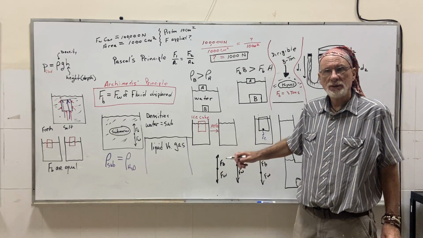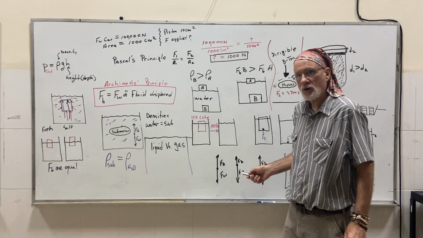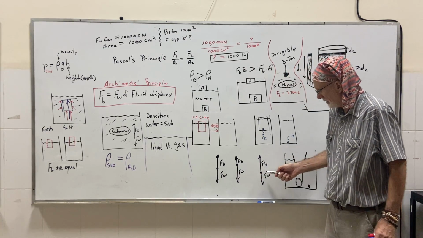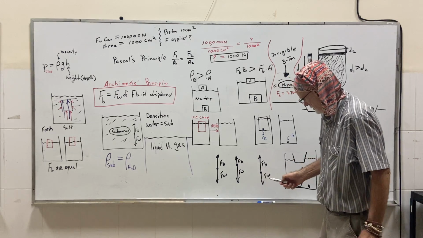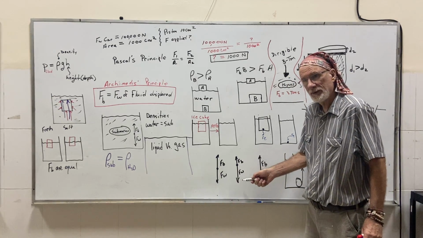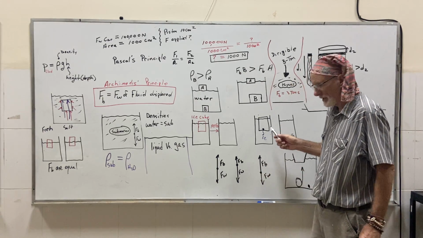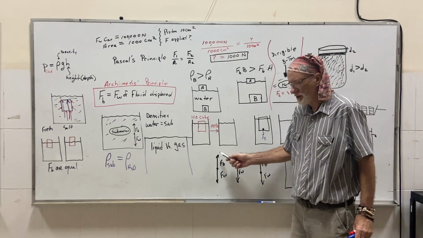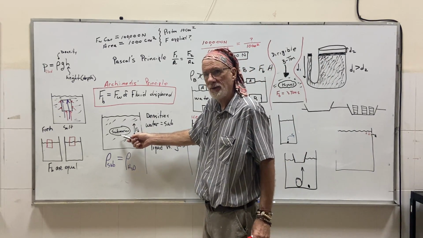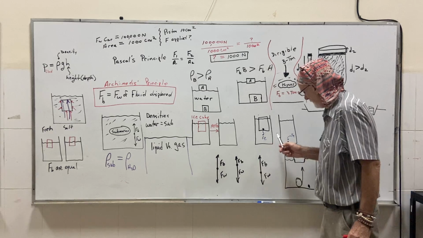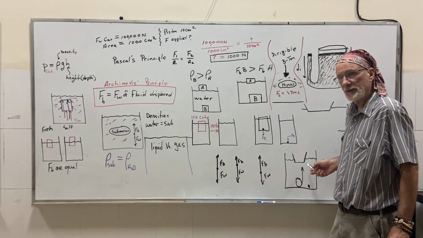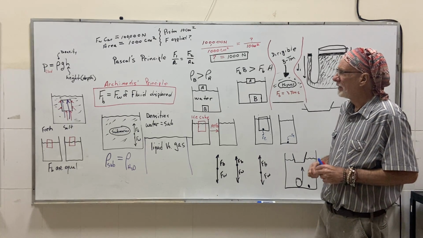In other words, there's a net force here, means it's going to sink. There's a net force here, means it's going to rise. There's no net force here, zero. So this is an example of that. Or if something is floating in the water, that's also an example of that. Okay. Clear?